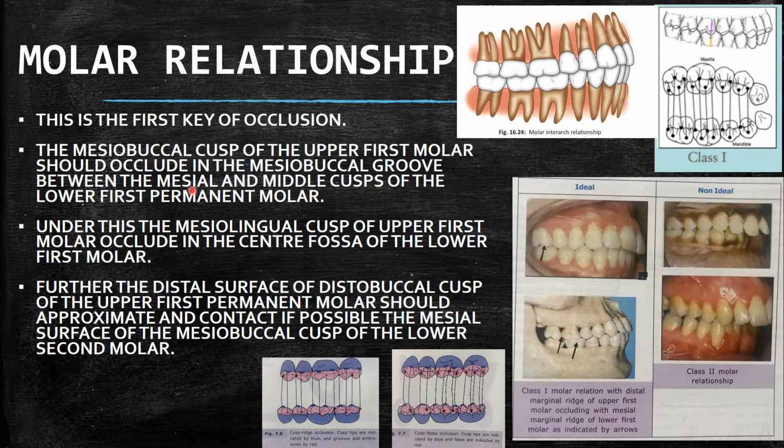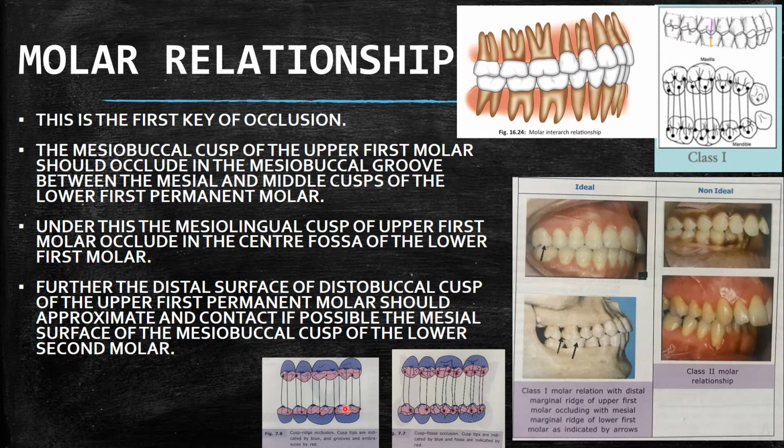Then under this, now the mesiolingual cusp. You have seen the mesiobuccal. The mesiolingual cusp of the upper first molar occludes in the center fossa.